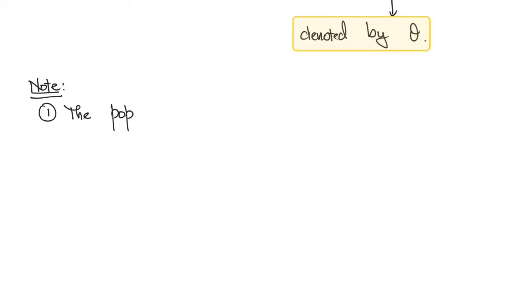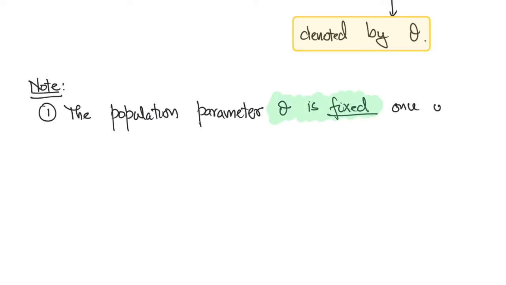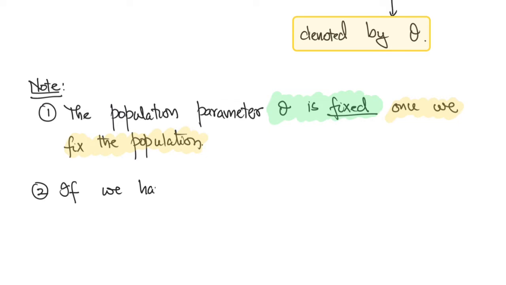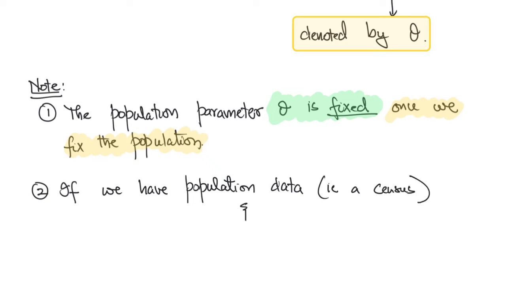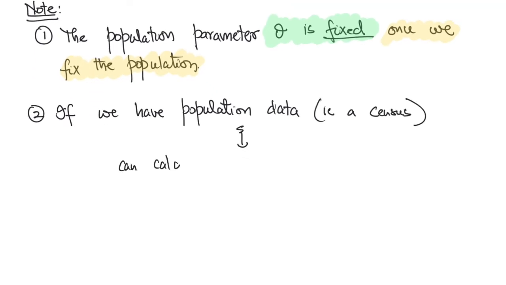Note that the population parameter theta is fixed once we fix the population. Secondly, if we have population data, that is, we have all the information about the population available with us, we can calculate the exact value of our parameter of interest, that is theta.